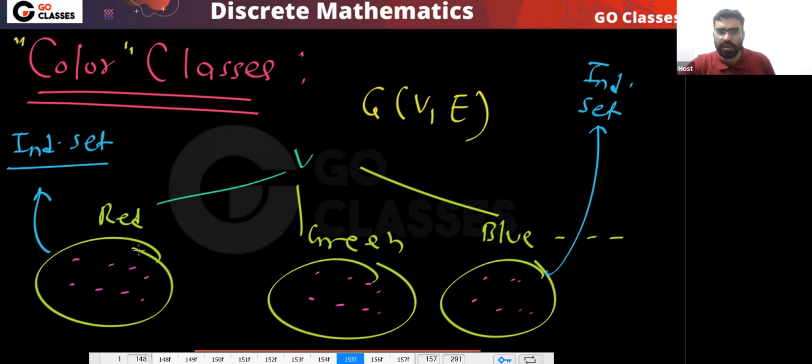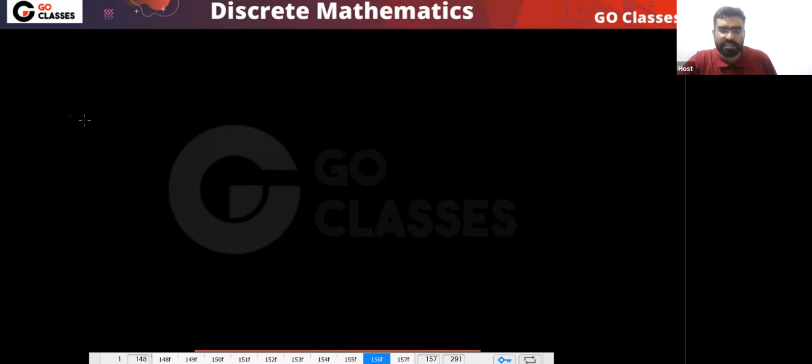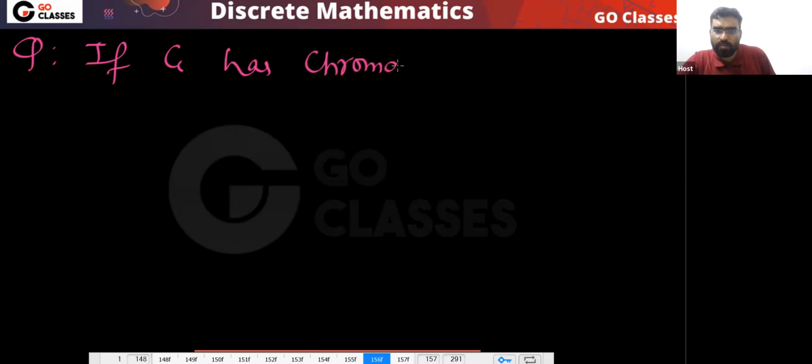So this is the idea of color classes. Now, a very important point. A few interesting things we will see. This is the question. If G has chromatic number, let's assume M, then what can you say about the number of edges?